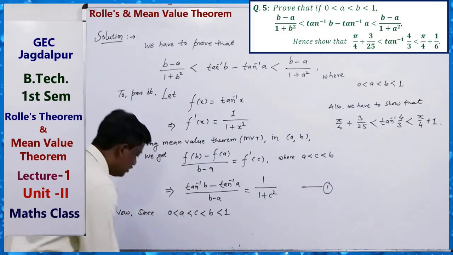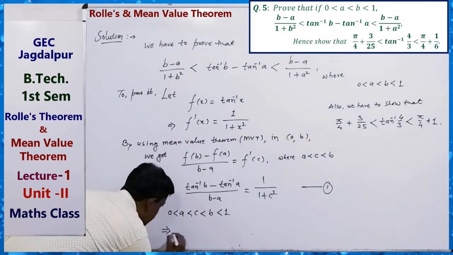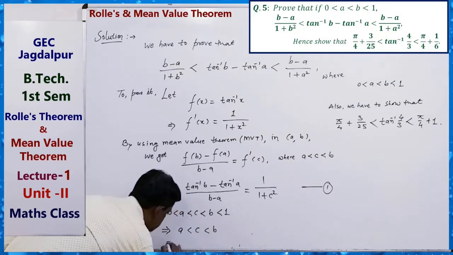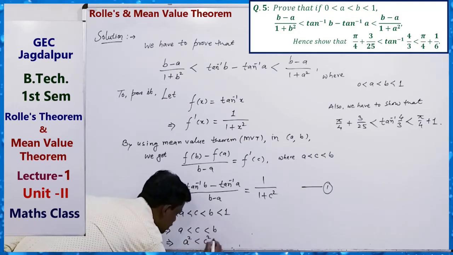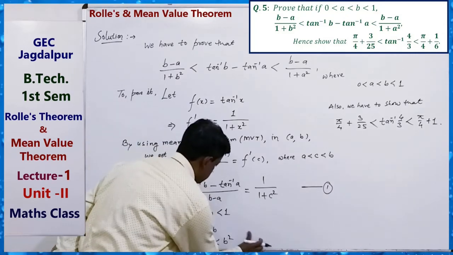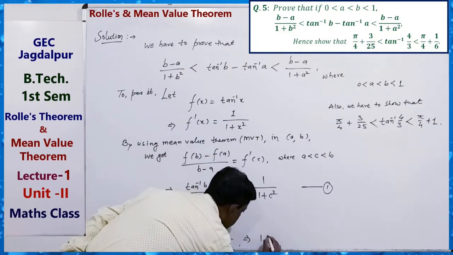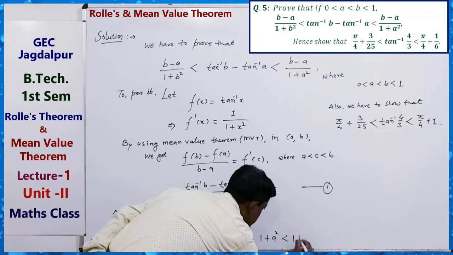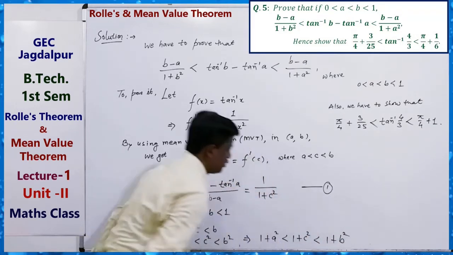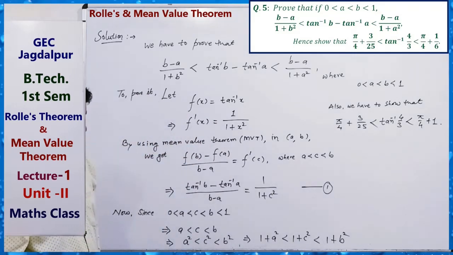It means we can write a less than c less than b, which implies a square less than c square less than b square, which implies 1 plus a square less than 1 plus c square less than 1 plus b square. Clear?